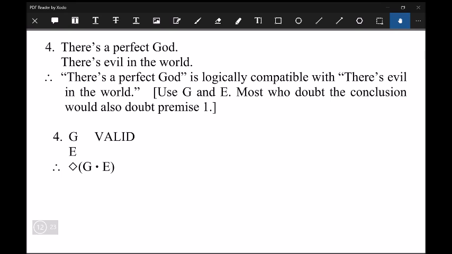4 and 5 go together. They're about whether it's logically possible to have a perfect God and at the same time have evil in the world. Are those two consistent with each other? That there's a perfect God and yet there's evil in the world.